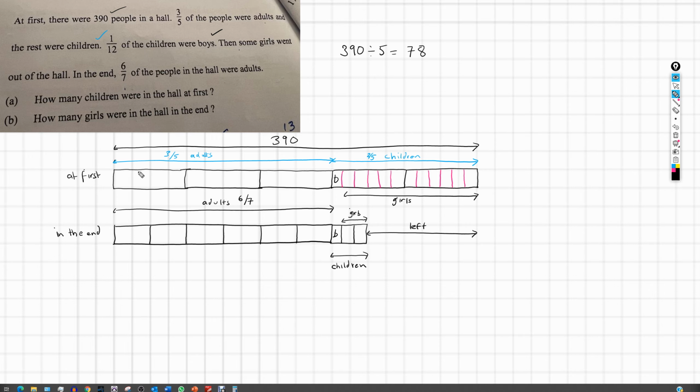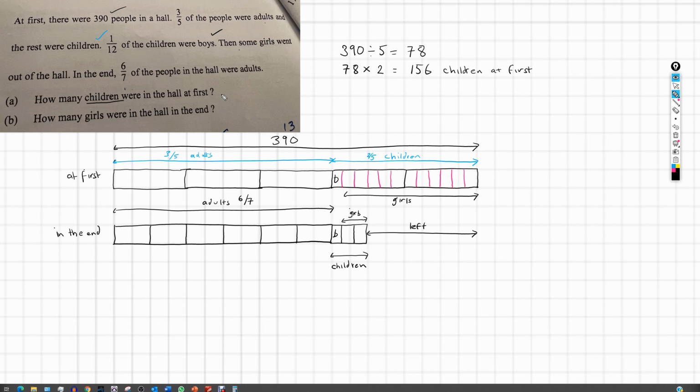Each of these fifths has a value of 78. And how many children were in the hall at first? That's 2 of those blocks of 78. So 78 multiplied by 2 gives us 156 children at first.